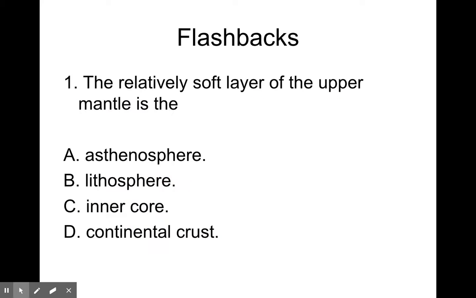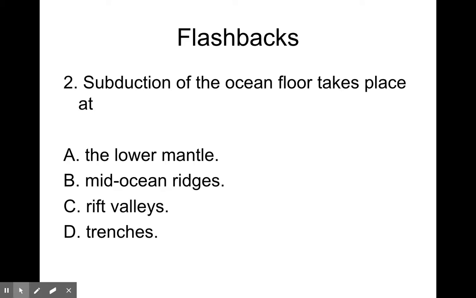All right, so what is the relatively soft layer of the upper mantle called? What is subduction of the ocean floor? What feature would that create? Would that create a lower mantle, mid-ocean ridge, rift valleys, or trenches?